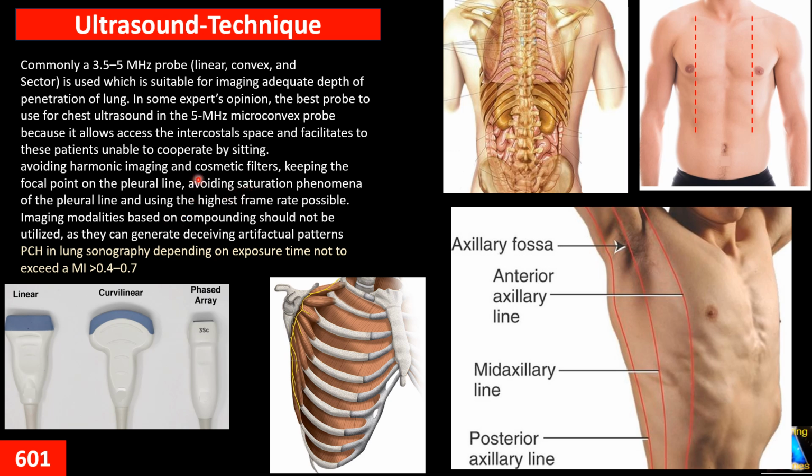But as a general rule, for that reason, it's better we keep our mechanical index less than 0.7. The best is 0.5, but we can go up to 0.7, and again it depends on the time of our scanning.